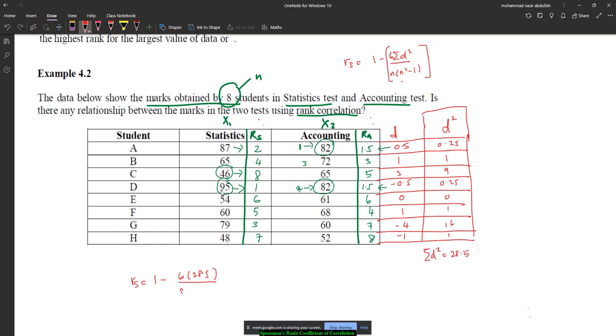So now we can calculate the value of RS, which is 1 minus 6 multiplied by 28.5 divided by n, where n is equal to 8, multiplied by n squared, which is 64, minus 1, right? So you will get the value of 0.66. So this is a positive value.